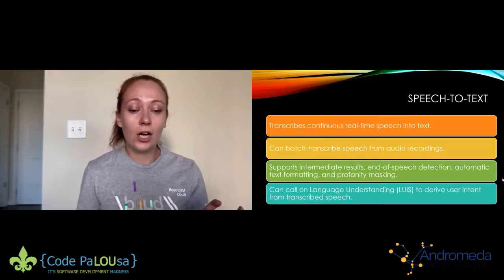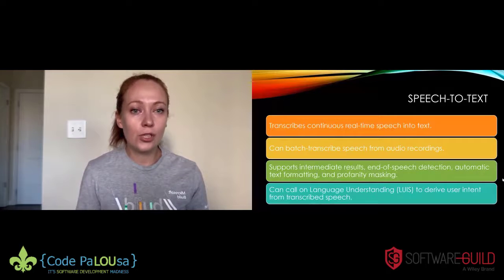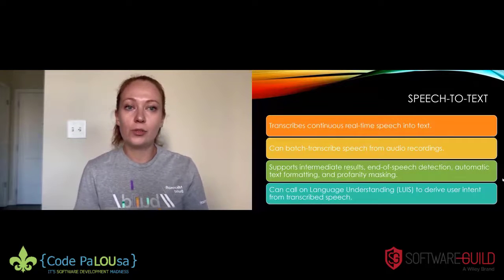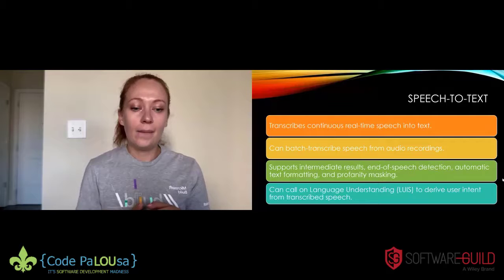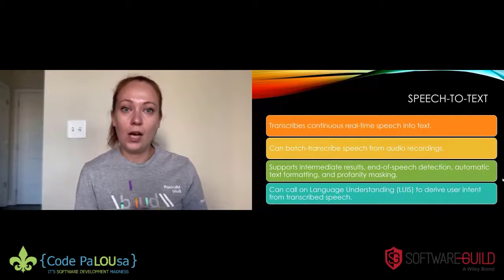And then it also has end of speech detection. So when you are continuously listening to your user, if you don't stop after just one phrase, it can automatically detect end of speech.